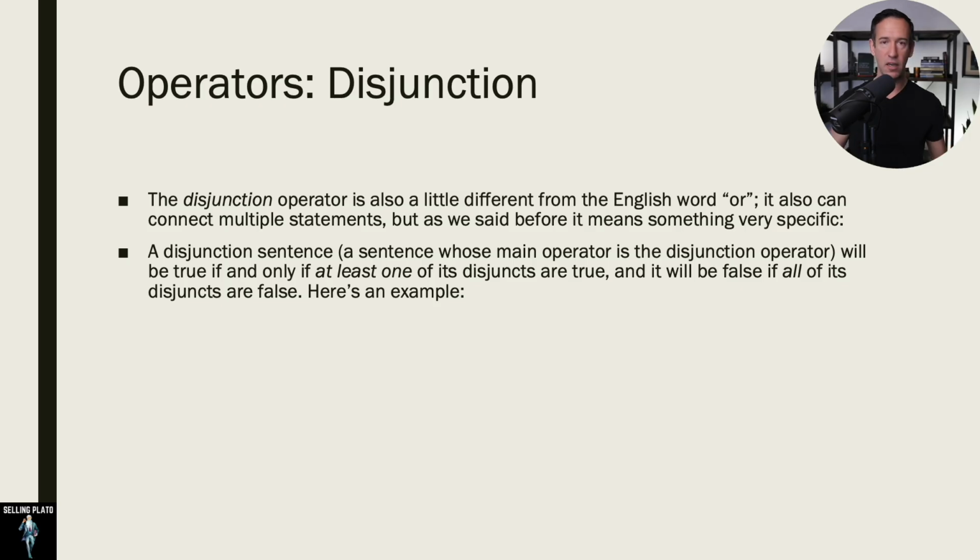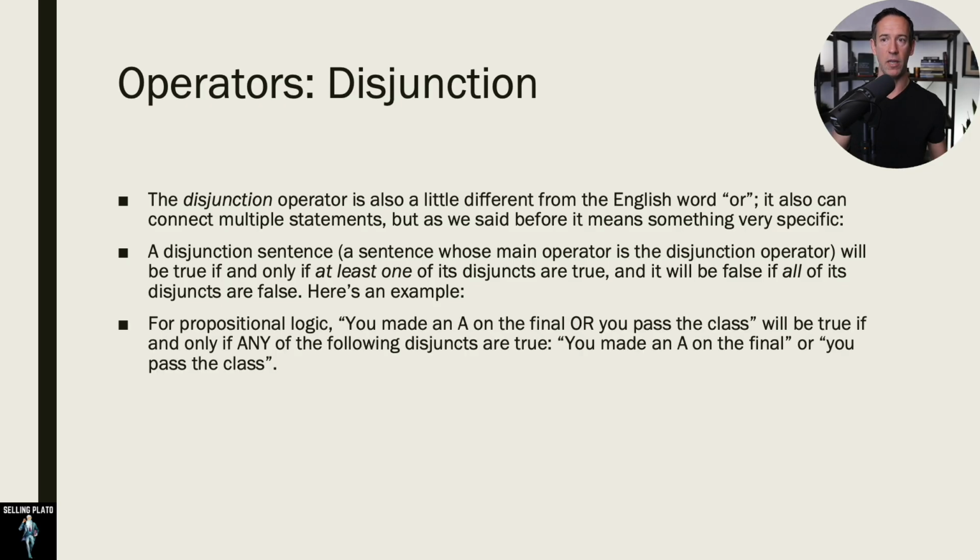Okay, so let's look at an example so that you know what we mean. For propositional logic, a familiar sentence again, but this time the operator is changed. "You made an A on the final," one atomic sentence, "or," operator, "you passed the class," another atomic sentence. So you see how that's a compound sentence.